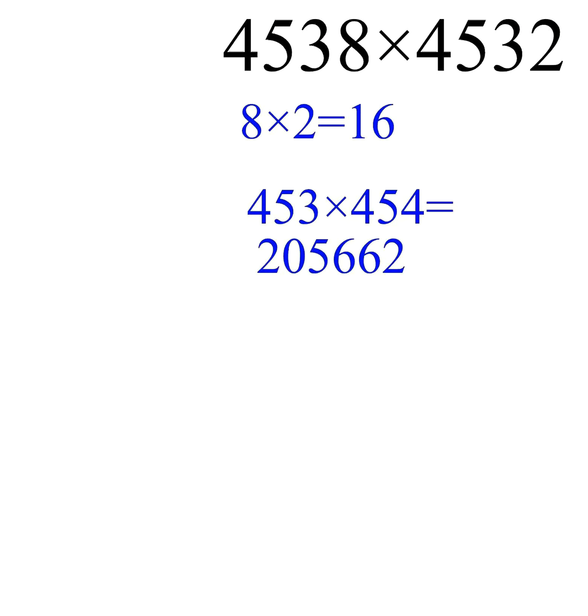So the next step would be adding 16 in front of it. So this would be our final answer, and we did it without any calculator or without the crazy multiplication you learned in elementary school.